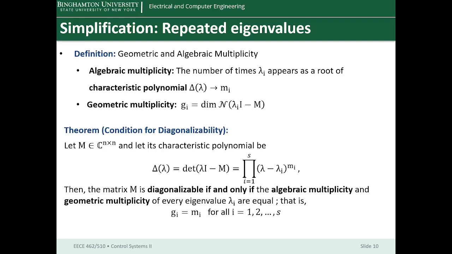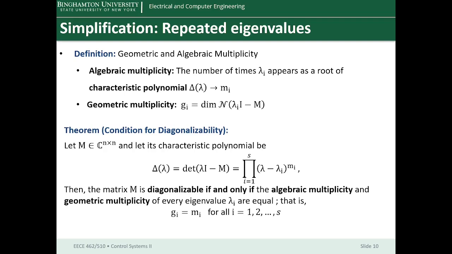This means the null space gives us exactly as many independent eigenvectors as the eigenvalue's multiplicity, no more and no less, and that's exactly what happens in the simple case of distinct eigenvalues. Each eigenvalue appears only once, so the algebraic multiplicity is 1, and the dimension of the null space is also 1. They match perfectly and diagonalization works beautifully.